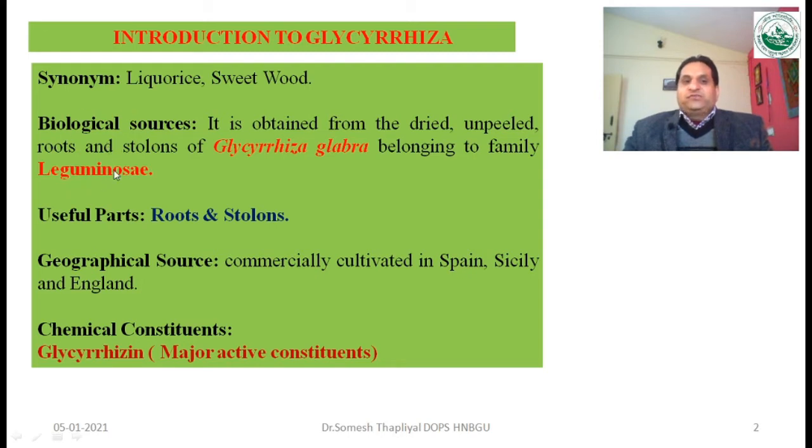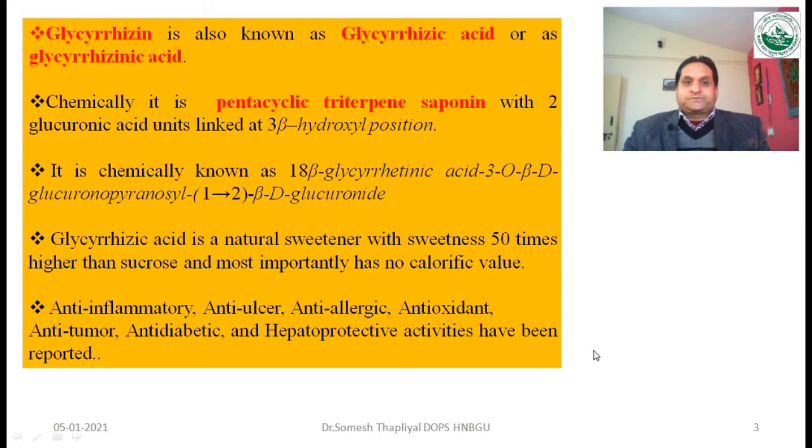The major active constituent present in licorice is glycyrrhizin. Chemically, glycyrrhizin is a pentacyclic triterpene saponin with two glucuronic acid units linked at the 3 beta hydroxyl position. Basically it is a triterpene saponin, and pentacyclic means it consists of 5 rings in its structure.